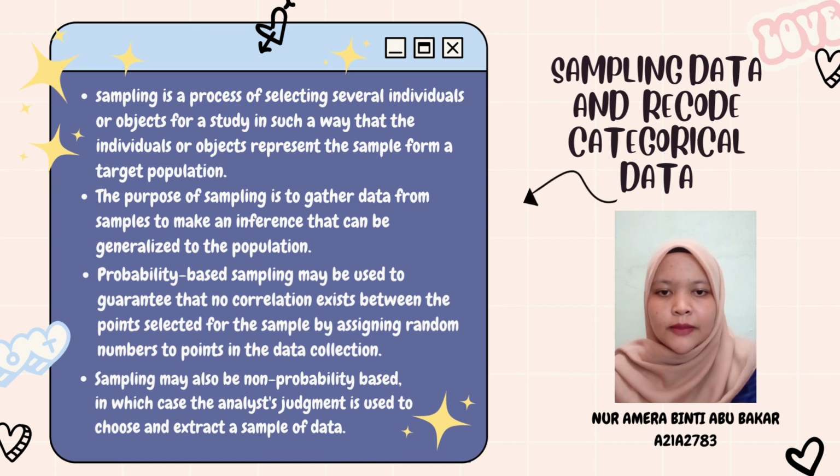Probability-based sampling may be used to guarantee that no correlation exists between the points selected from the sample, by assigning random numbers to points in the data collection. Sampling may also be non-probability based, in which case analyzed judgment is used to choose and extract a sample of data.